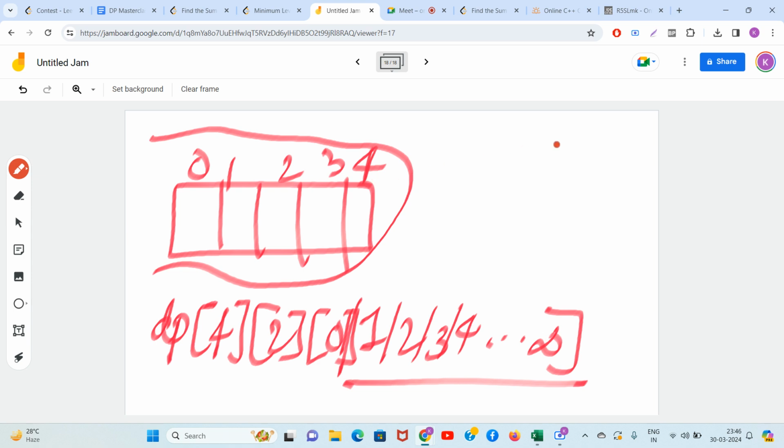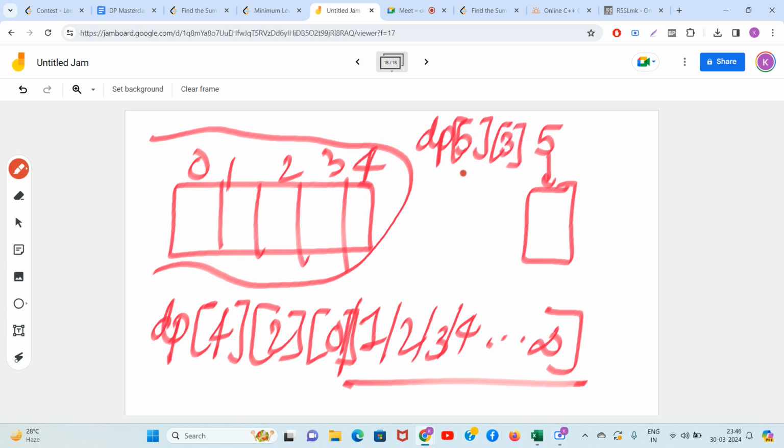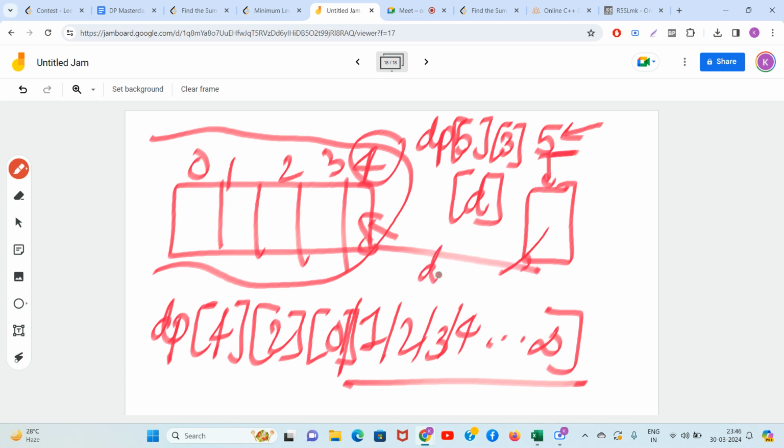Now if your fifth element is coming here, okay, and you have to find dp[5][3][d]. So first you will try to bond this fifth element. You will assume what would have happened if this was the last element and this was the second last element. Check the difference.